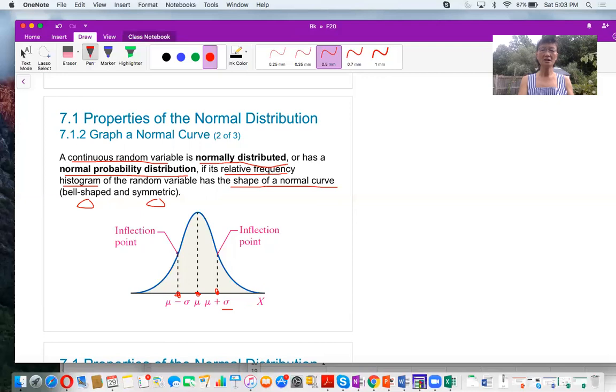There are 2 points on the curve corresponding to 1 standard deviation, and those 2 points we call inflection points. Why are they called inflection points? Because from this point, it goes from concave up to concave down. If you study calculus, you know the slope changes sign.